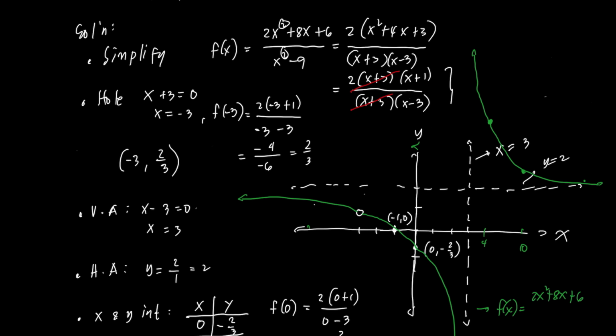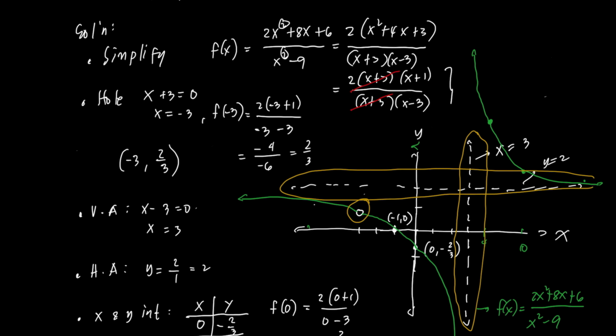Okay, now this is the graph, which is f of x is equal to 2x squared plus 8x plus 6 over x squared minus 9. Okay, so we have a hole again. We have a hole. We have a vertical asymptote.